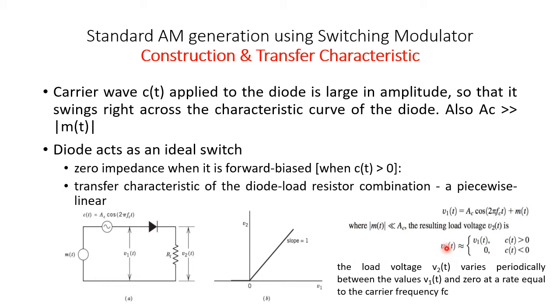What we should do is pass this V2 of t through some band pass filter, right? Then only will we get the desired components. In this V2 of t, of course, we have the desired component as well as unwanted components.